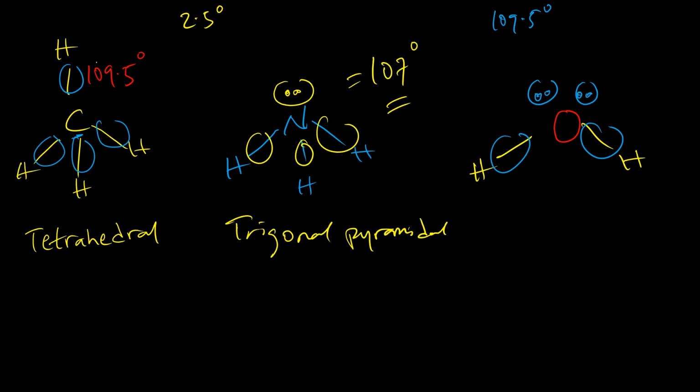But because of the 2 lone pairs of electron, and each lone pair of electron reduces the bond angle by 2.5, if you have two lone pairs, it's going to reduce the angle by approximately 5 degree. So if you subtract 109.5 minus 5, that will give us 104.5 degree. Now, have you been able to see the correlation between how the lone pairs of electron affect the bond angles? Okay, so let's look at another one.